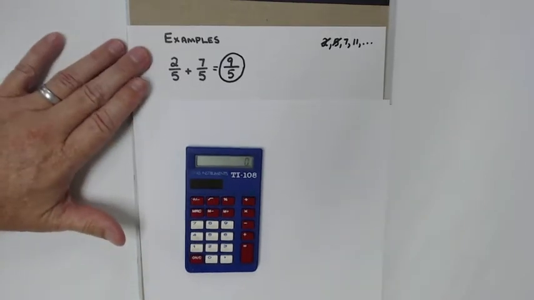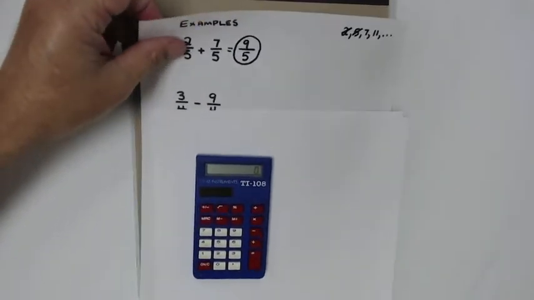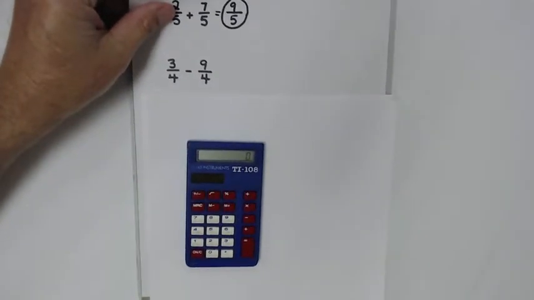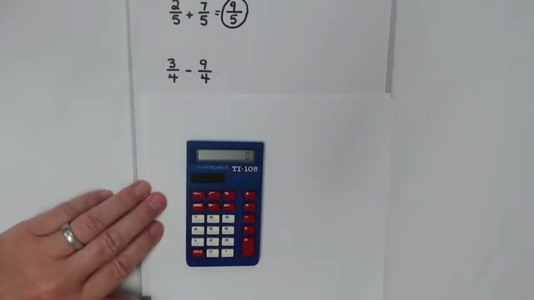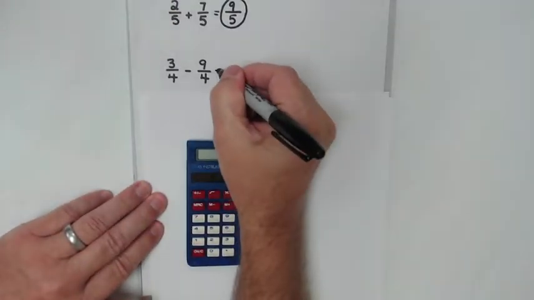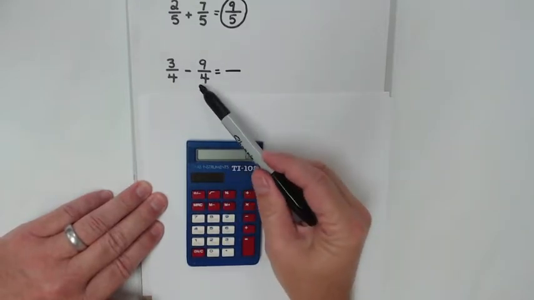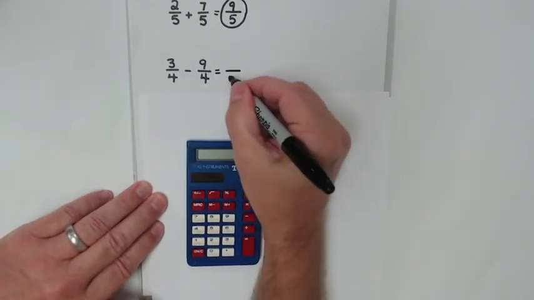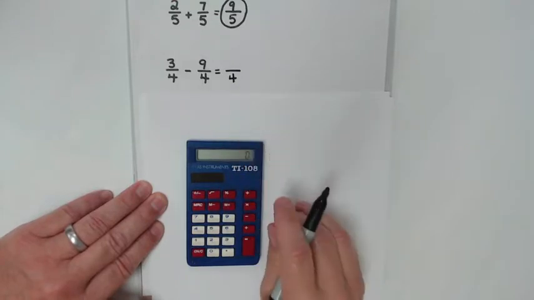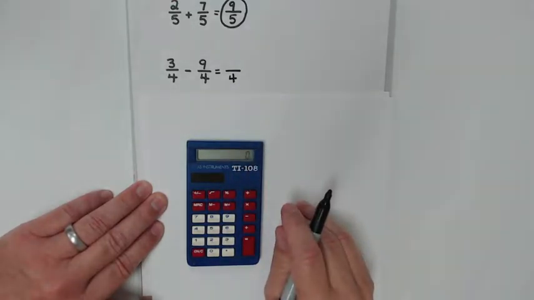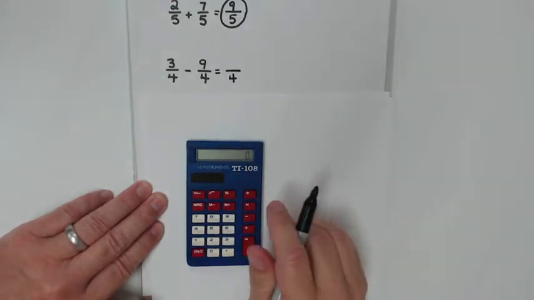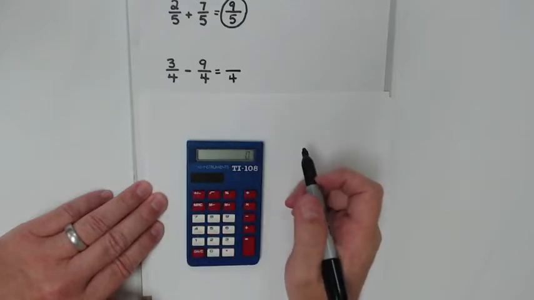Go to my next example. 3/4 minus 9/4. Again, I'm going to make a fraction, and whatever this common denominator is down here, I'm going to put that as my denominator in my answer. And then I'm going to combine these numbers in the top.